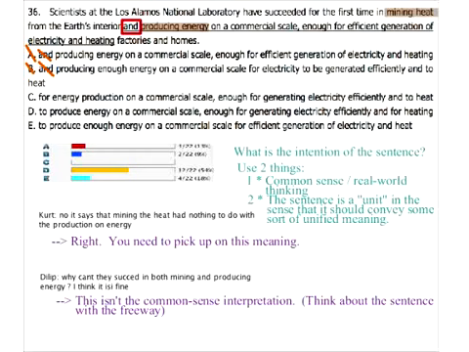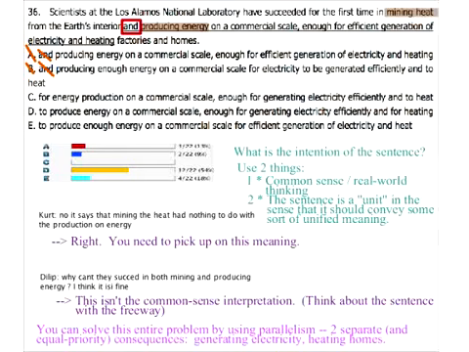There are two separate and equal priority consequences, which are heating and generating electricity and heating homes. So those need to be parallel.